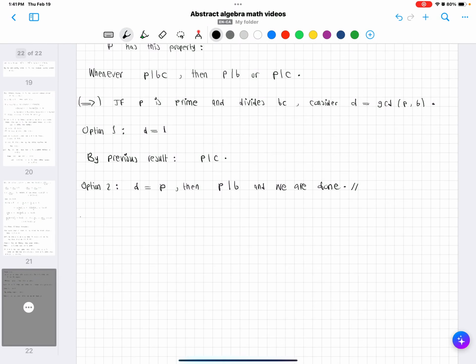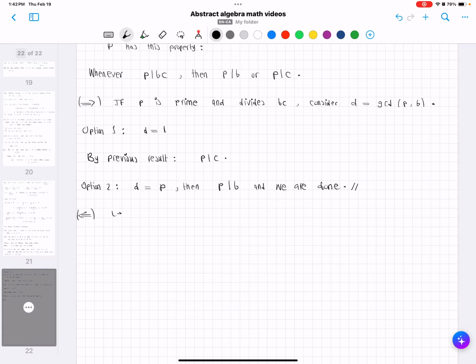Let's now prove the other direction. Assume that P has this property, and we prove that P is prime. In order to prove that something is prime, we have to show all its factors are either plus or minus 1 or plus and minus itself.